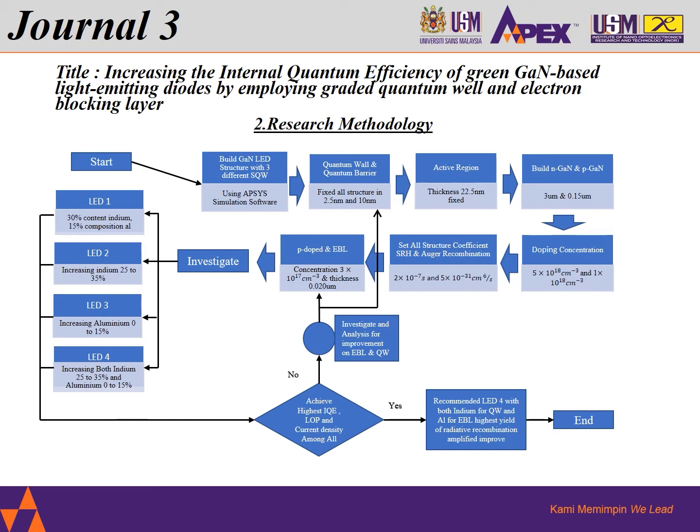But the other LEDs do not achieve such high results, so the flow moves to the investigation and analysis for improvement on the EBL or quantum well. We are moving to the p-doped EBL or the quantum well and the quantum well barrier for further investigation to get improvement.